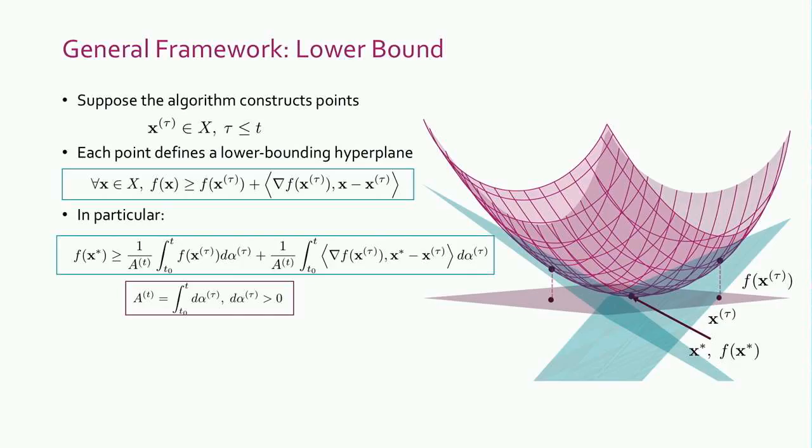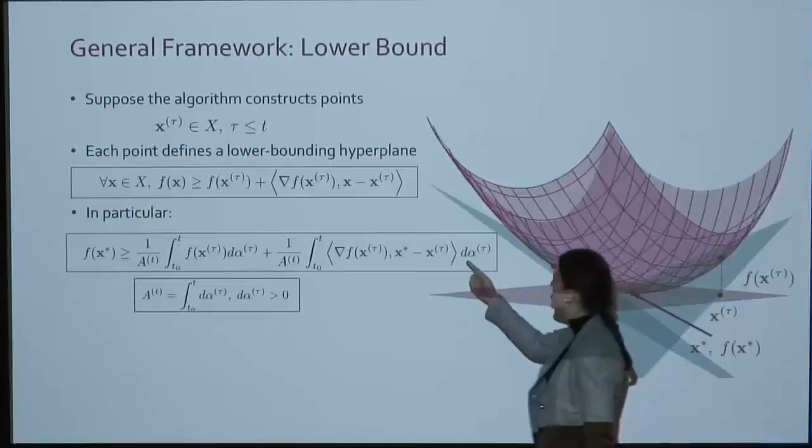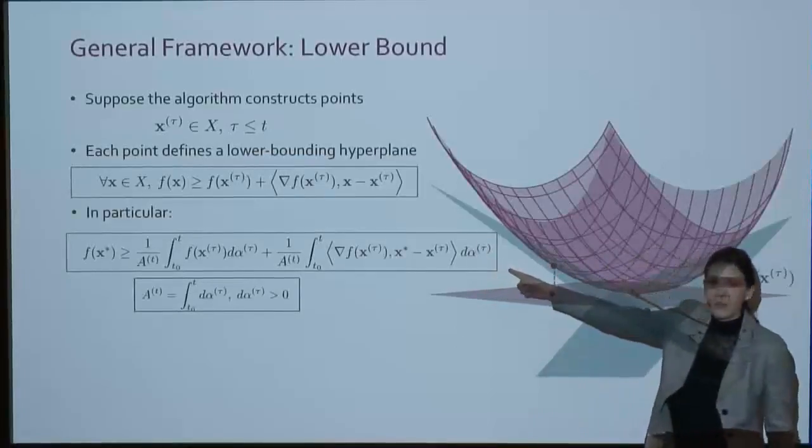Or if I put a tangential plane, my convex function is above it. Right. So what I can do, I get more points, I get more lower bounding hyperplanes over time, and so I can take any convex combination of those lower bounding hyperplanes. In particular, here I will use this function alpha I mentioned before as my measure.